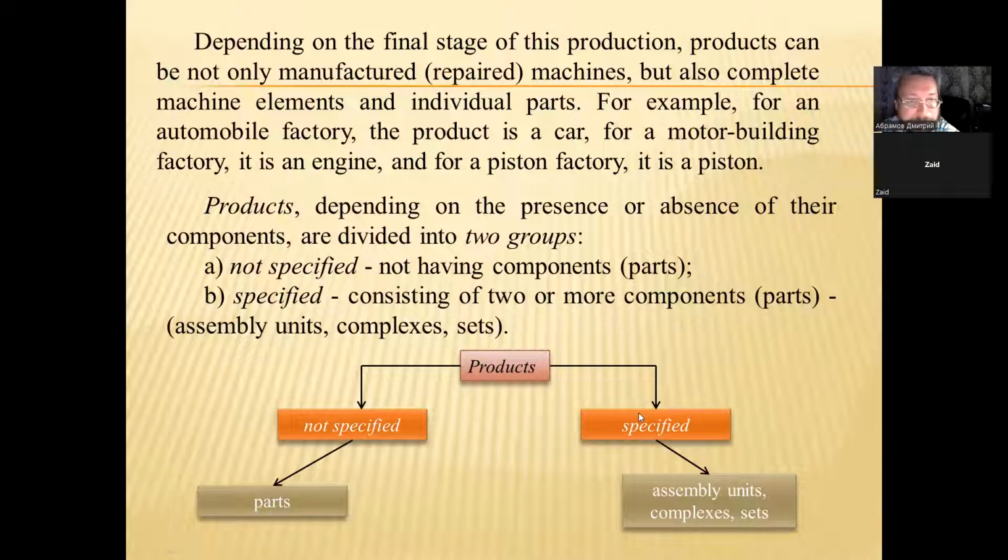And second group, specified: consisting of two or more components or parts. These are assembly units, complexes, and sets. So specified products are assembly units, complexes, and sets. And not specified products are parts.